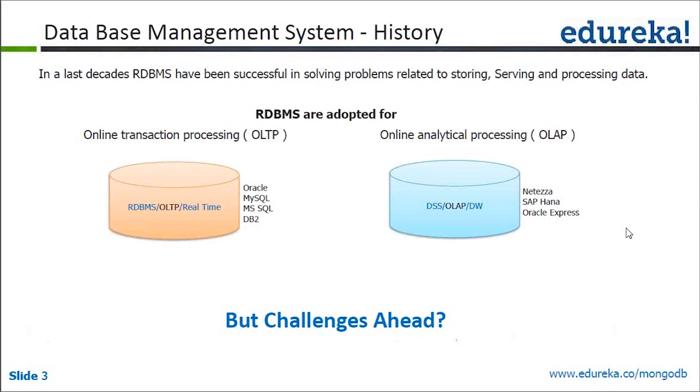We have seen those databases used in many applications like hospital management systems and insurance management systems, where users can go and do a lot of online transactions. That's the main part of RDBMS.